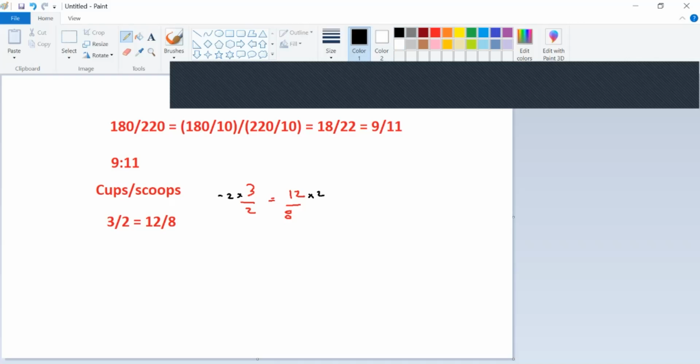That cancels out. So I can move this 2 up here, and the 2 goes away over here because it cancels out. I can do the same thing with this 8. I don't want 8 on the bottom, I want it over there. So I can multiply both sides by 8.